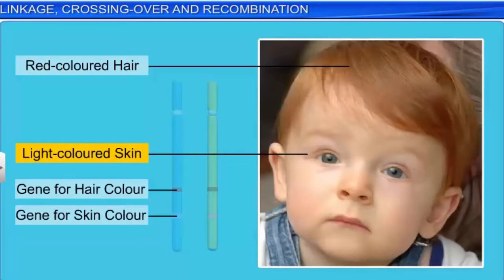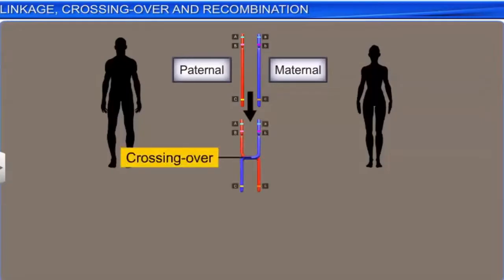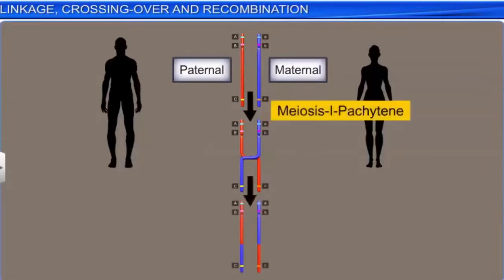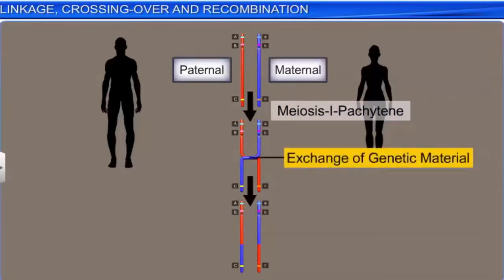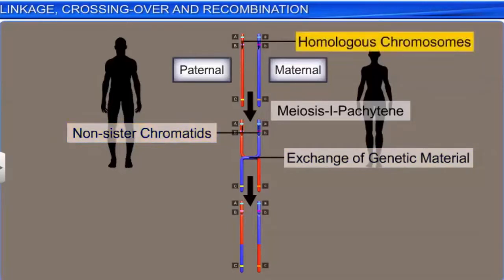the other trait too. This phenomenon of linkage can be better understood through a process known as crossing over, which occurs during meiosis. During the Pachytene stage of meiosis I, sections of a chromosome usually intertwine and exchange genetic material between non-sister chromatids of homologous chromosomes.